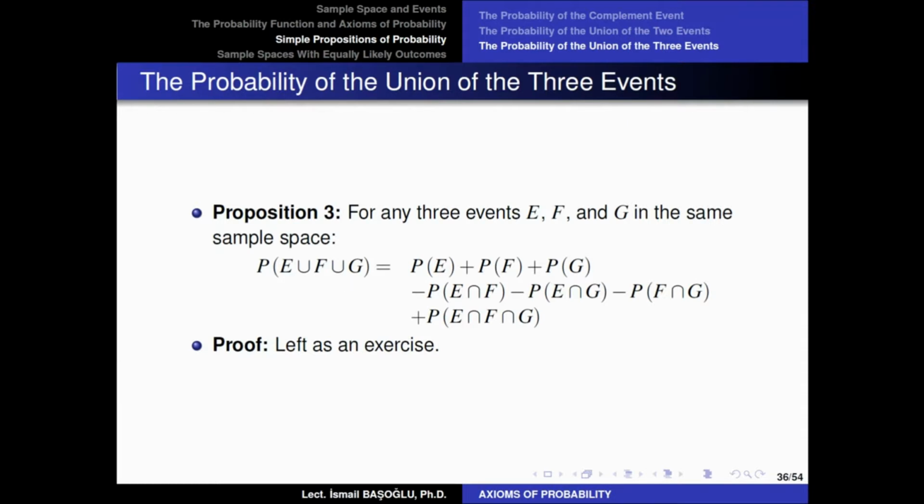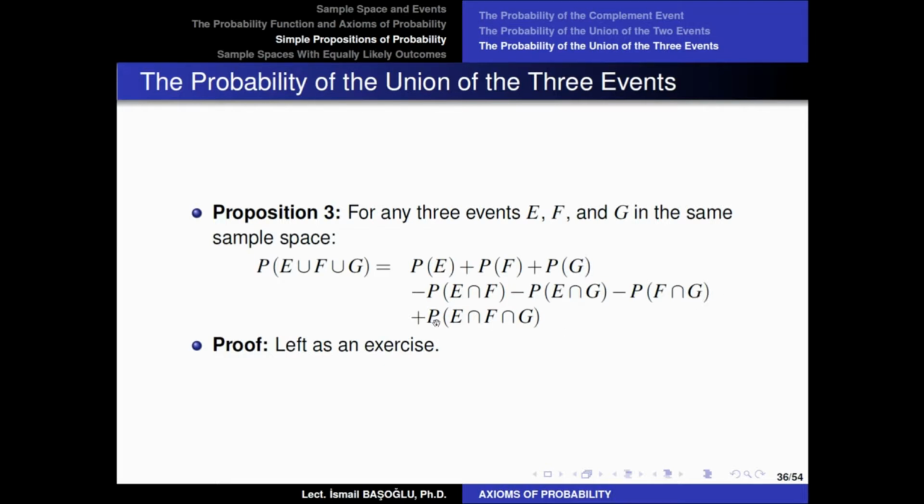Following from the second proposition, we can generalize it by defining the probability of the three-way union as the sum of individual probabilities: probability of E, probability of F, and probability of G. Then we subtract the probability of two-way intersections. So probability of E intersection F, probability of E intersection G, and probability of F intersection G will be subtracted.